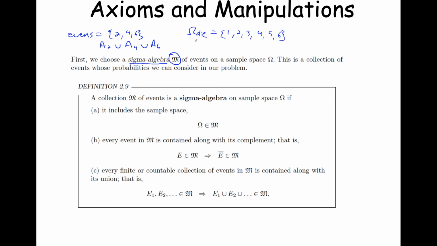So if we're going to arbitrarily talk about every possible thing we can observe for a die, we need to be able to describe all possible combinations from the sample space omega. We use set operations to construct them, but we need machinery that gives us this notion of possible combinations.